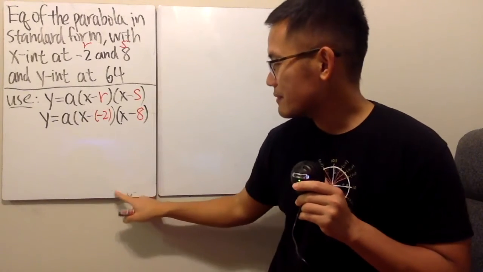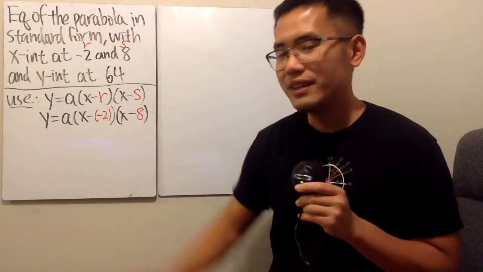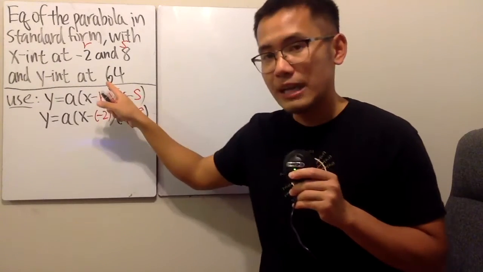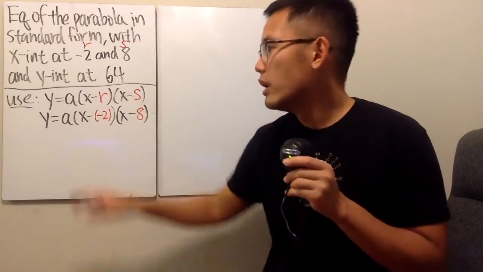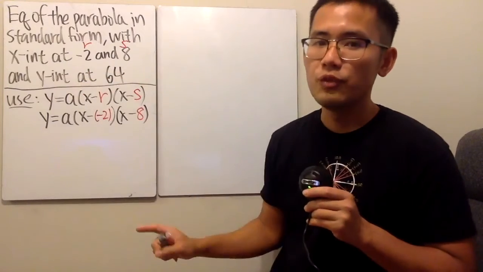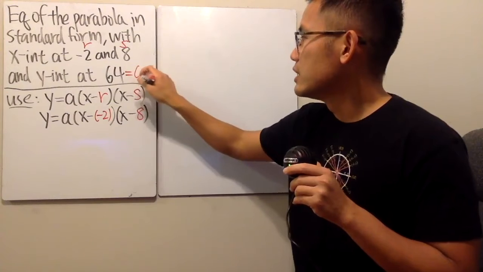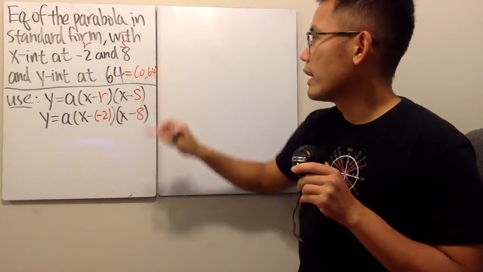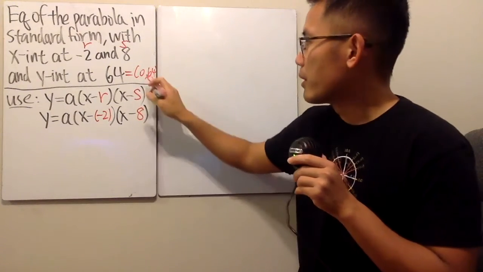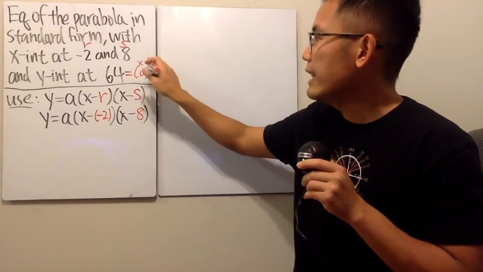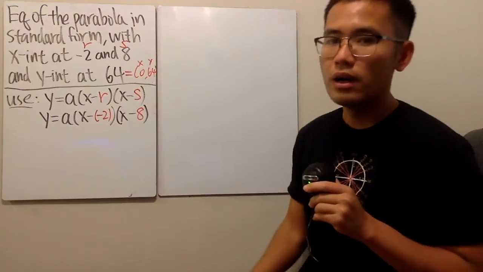Now, we still have to find the a. Well, here, again, we have the y-intercept. If the question is telling you the y-intercept is at 64, this is really like saying we have the point (0, 64), right? Now, remember, when we have the y-intercept, the x is 0 and the y is 64.